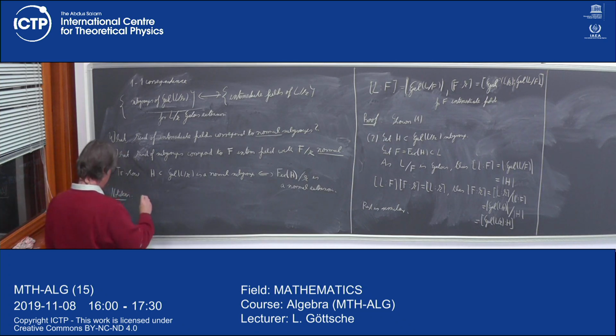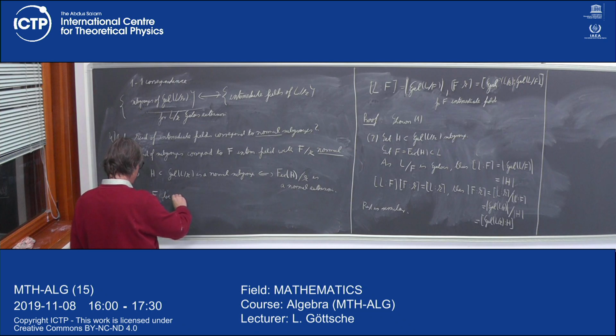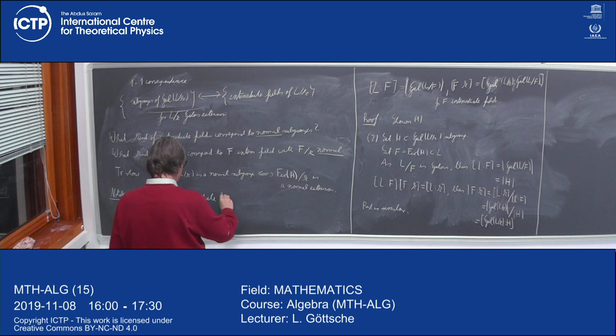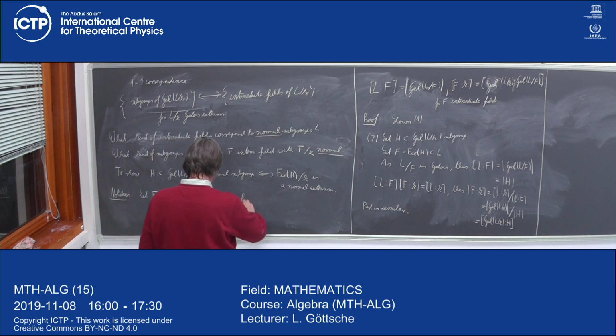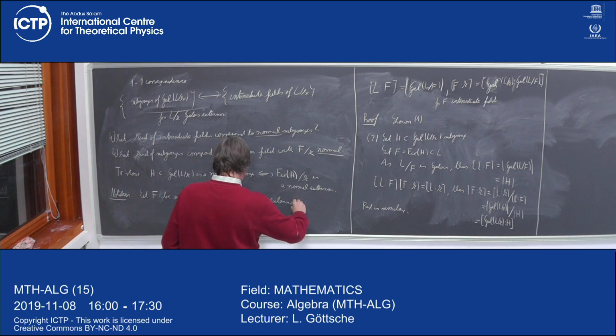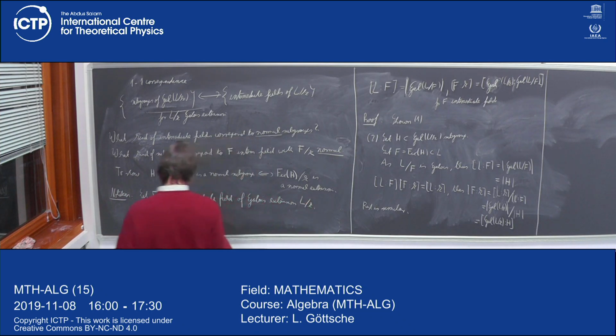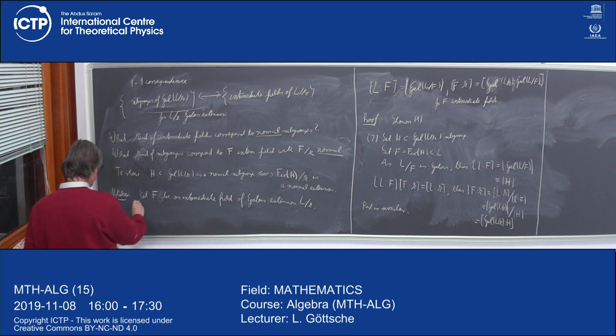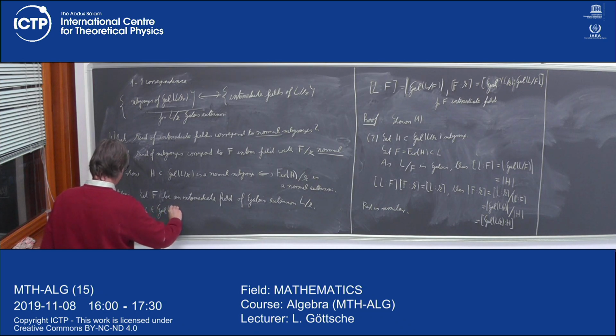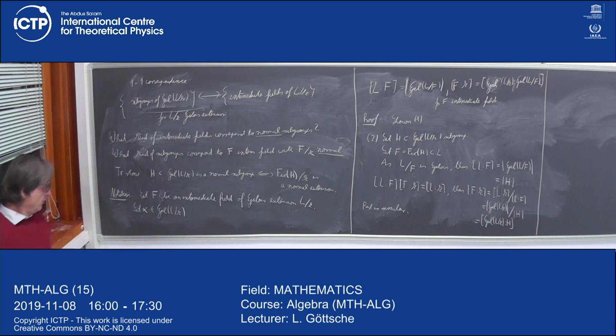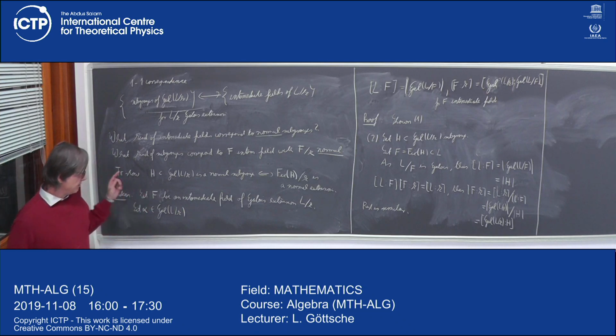Let F be an intermediate field of the Galois extension L over K, and let us take an element alpha in the Galois group of L over K.